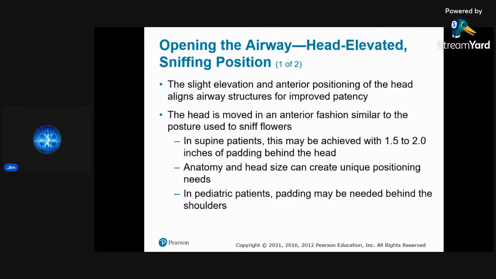If supine, you may have to put padding behind the head to get into this position. Anatomy and head size can create unique positioning needs. In pediatric patients, we have to actually pad the shoulders since their head is so big, bring their shoulders up to get that airway in line.